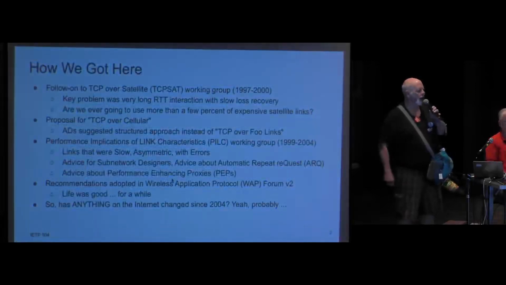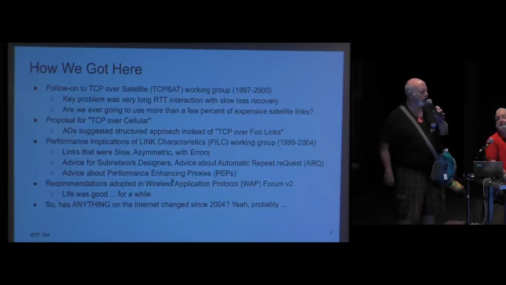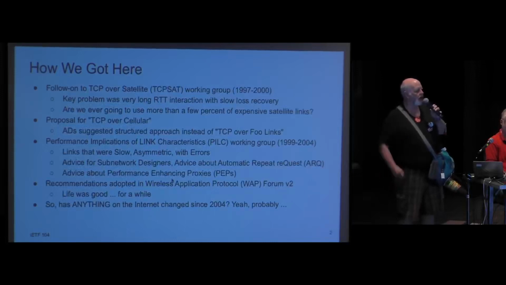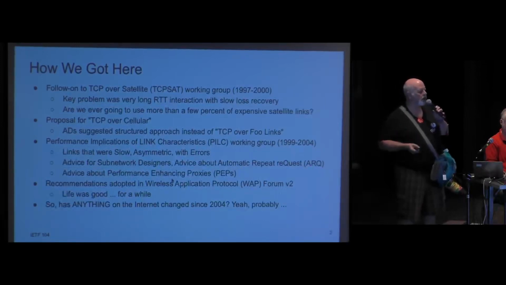So how we got here, we did a follow-on to the TCP over satellite working group in 1997 to 2000, talking about very long RTT interaction with slow loss recovery. I brought a proposal for TCP over cellular to the IETF, and the AD suggested a structured approach instead of doing TCP over foo links.